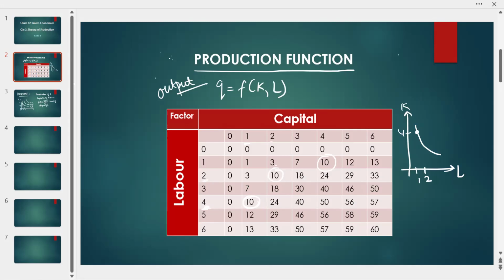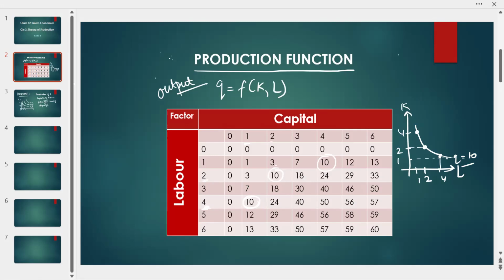Similarly, 2 units of labor and 2 units of capital can produce 10 units of output, and 4 units of labor and 1 unit of capital can also produce the same level of output. Here Q is 10. So we get the isoquant with 10 units of output.